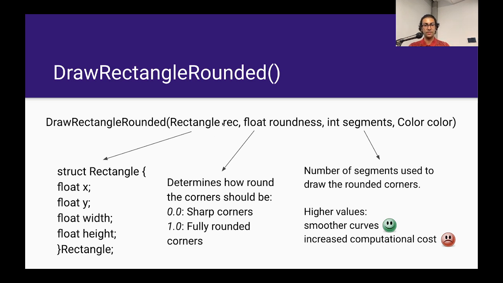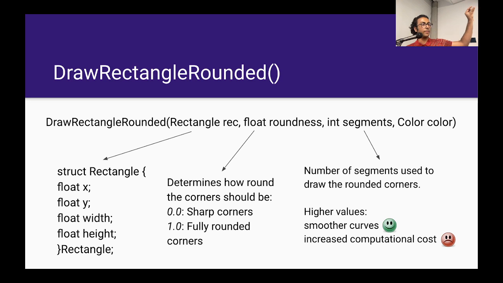So this accepts 4 parameters. It accepts a rectangle, the roundness of each rectangle, like how sharp or round you want your corners to be, the number of line segments in each corner. So how Raylib accomplishes this is it uses line segments to actually round the edge of your rectangle.